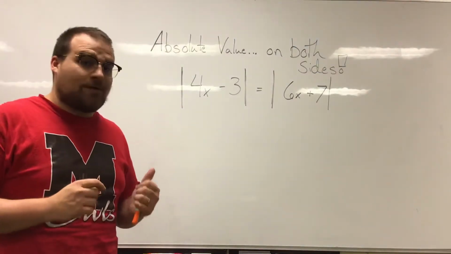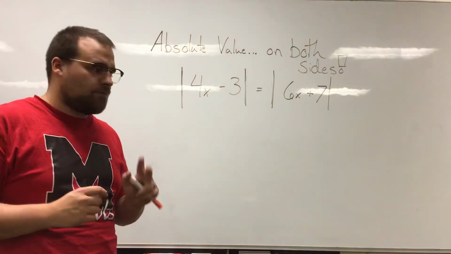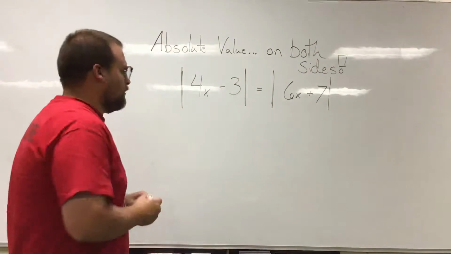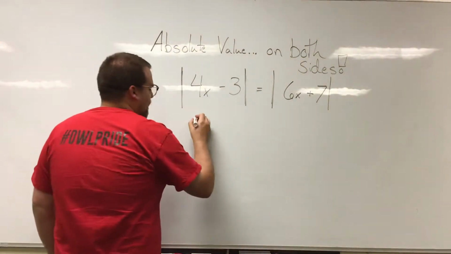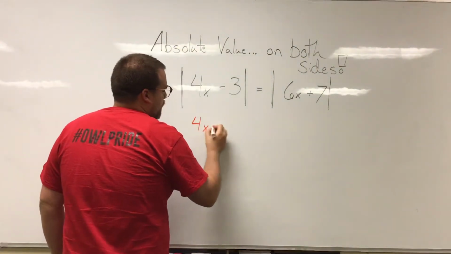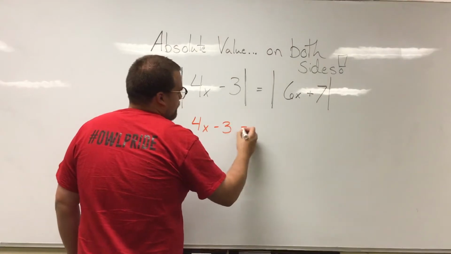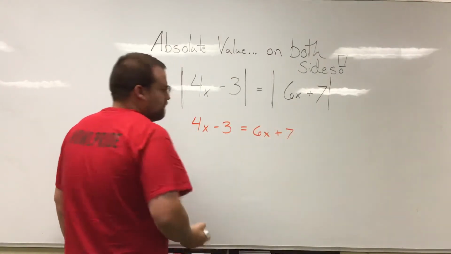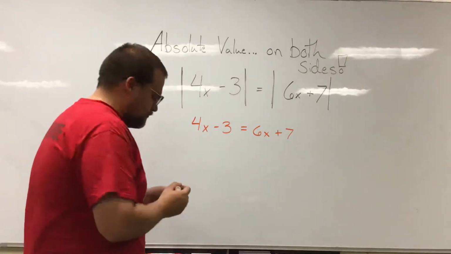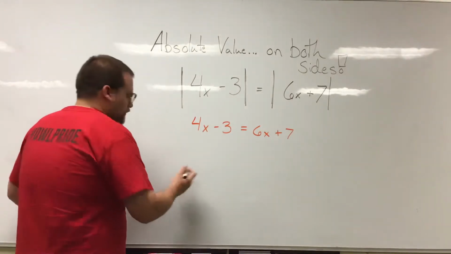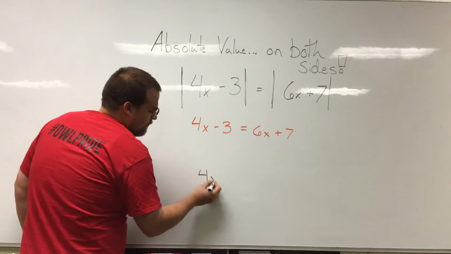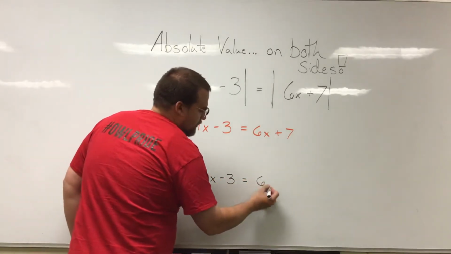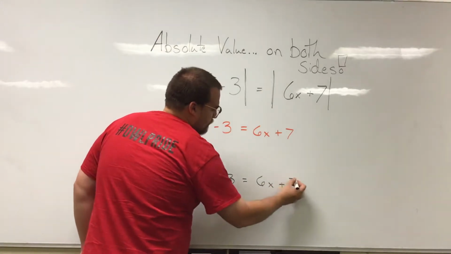I'm going to rewrite our equation 2 times without the absolute value bars. So when I say that, I quite literally mean 4x minus 3 equals 6x plus 7. And then I'm going to write it again. 4x minus 3 equals 6x plus 7.